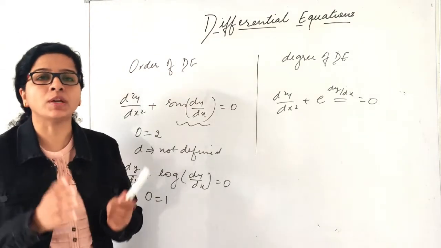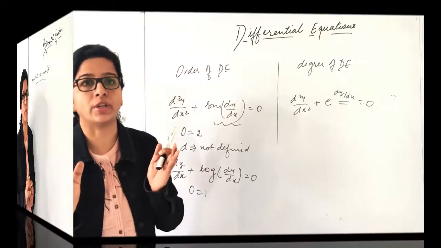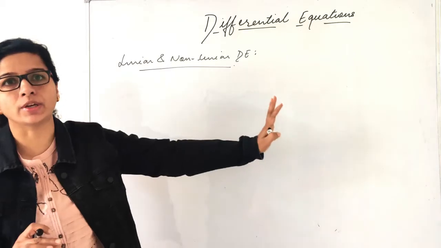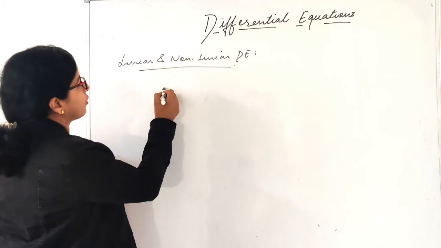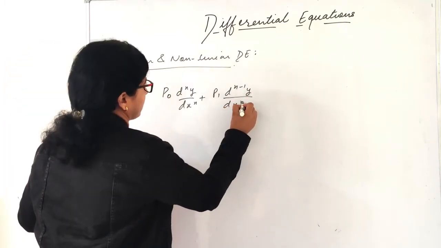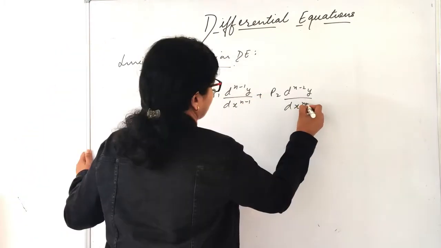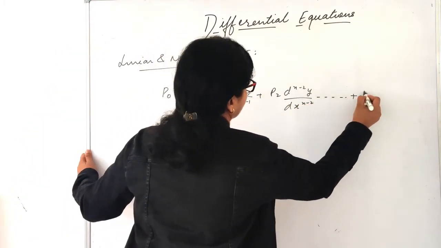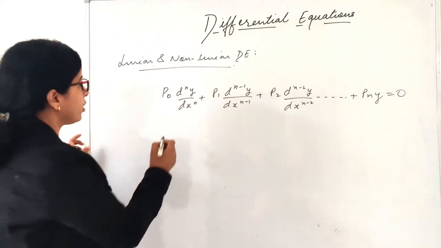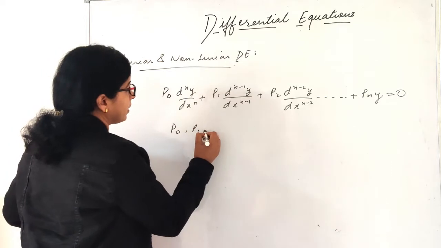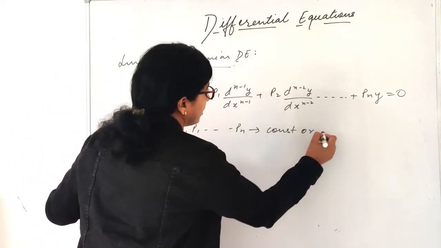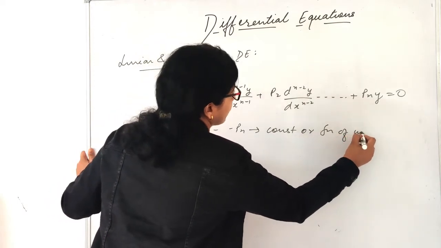Now let us check what we mean by linear and non-linear differential equations. A differential equation is linear when it can be expressed in the form where P0, P1 and Pn can be constants or functions of the independent variable.